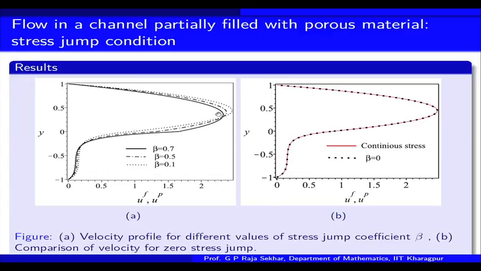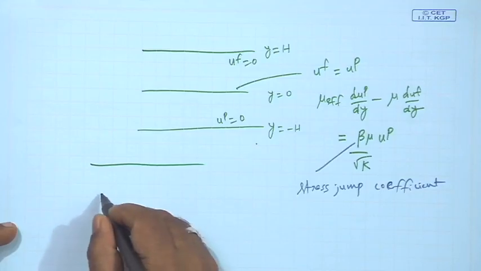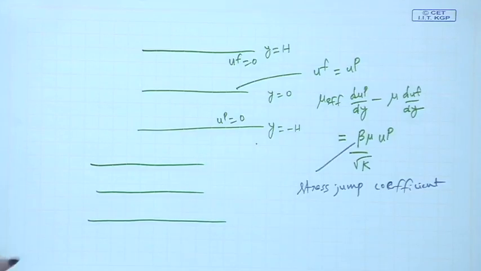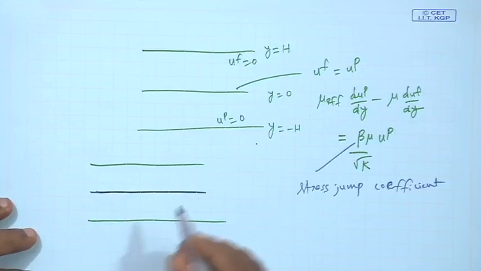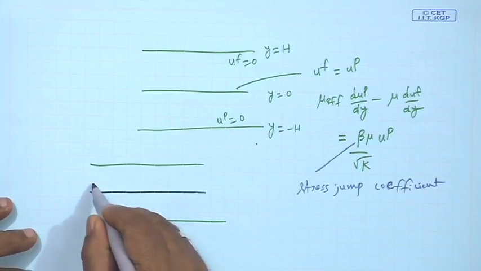Here velocity is low compared to this, but at the interface it is the other way. For large beta the momentum transfer is more at the interface, and you can see a thin boundary layer kind of behavior. When I say boundary layer, please do not worry that we have not yet discussed the exact definition.